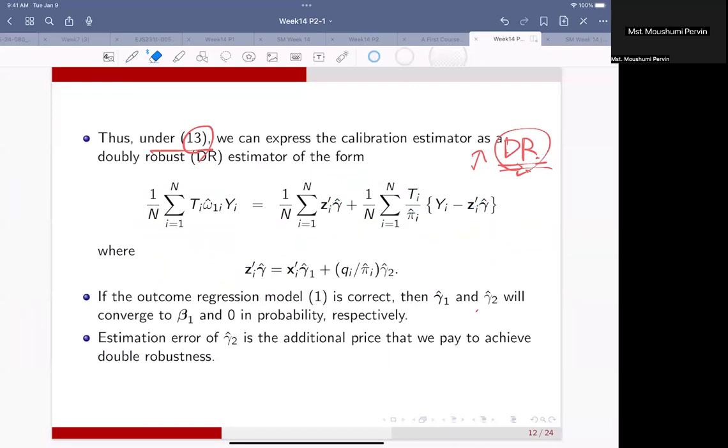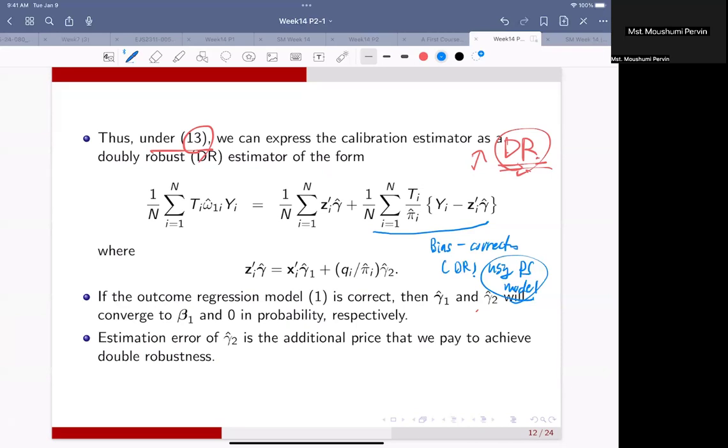So basically, the additional term does the bias correction of the prediction estimator using the PS model. So the PS model is incorporated here as an additional covariate.